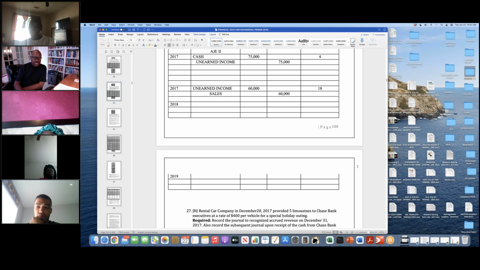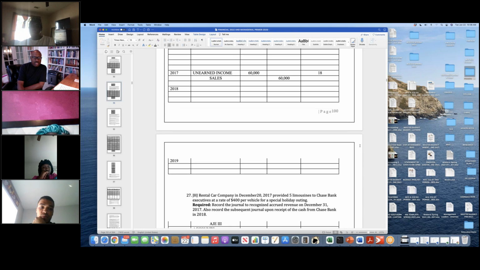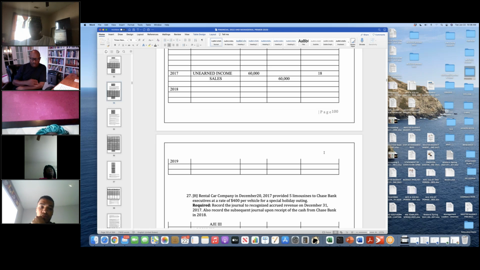See if you can work 27. Now, when you work 27, this is simply a 15 and a 3. So I'm already telling you that. Take 5 minutes and see if you can work number 27.